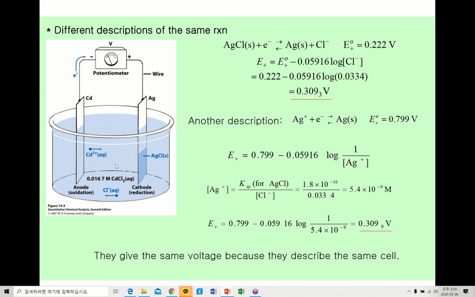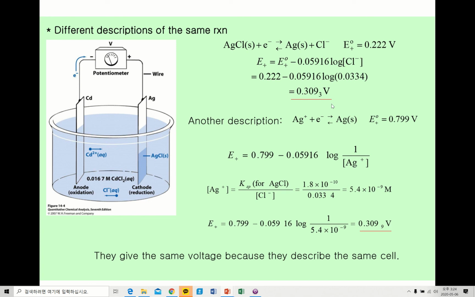The solution contains 0.0167 molar cadmium chloride, and it completely dissociates. Each cadmium chloride produces two chloride ions, so the chloride ion concentration is twice this value, which is 0.0334. And then this cathode potential is 0.3093 volt.